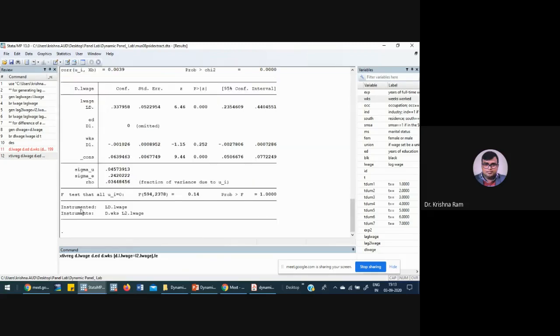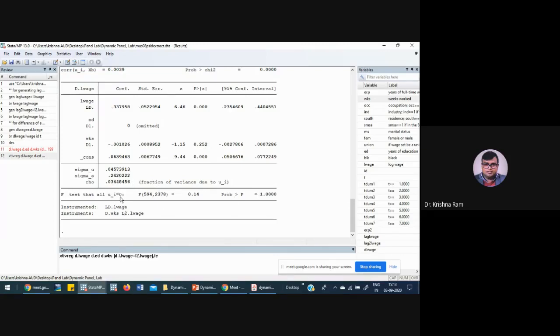And these are the usual standard errors of the unobserved error term and the idiosyncratic error term, and the fraction of variance of the error term due to u_i.